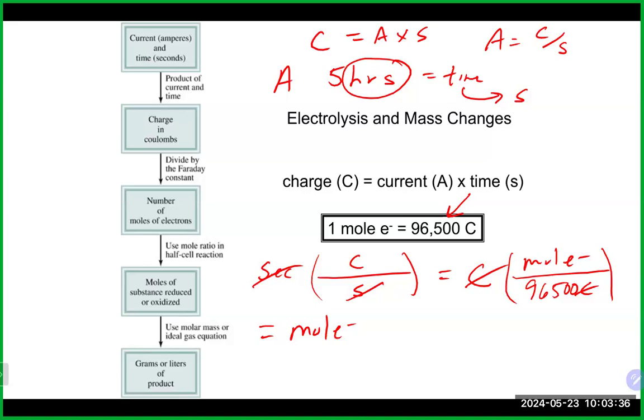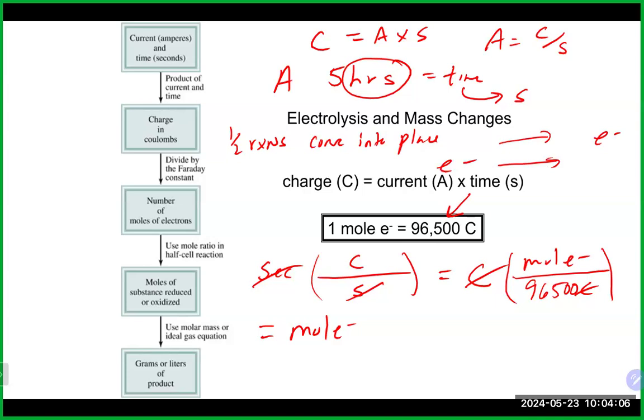And the deal is, this is where the half reactions are going to come into place. If you look at a half reaction, you'll have electrons on one side, and you really could do a mole to mole relationship, just like you would do in stoichiometry, moles of electrons to, say, moles of the metal you're interested in.